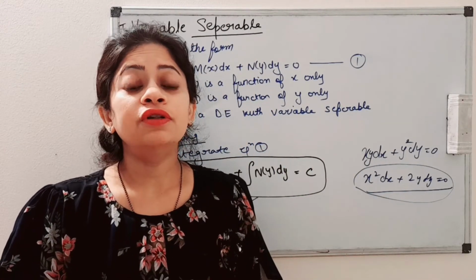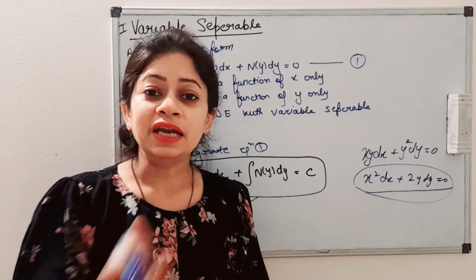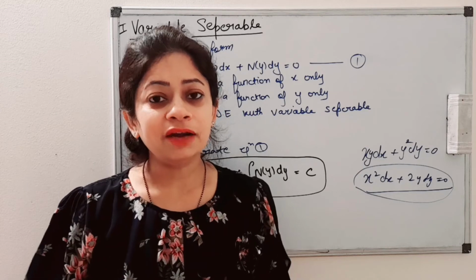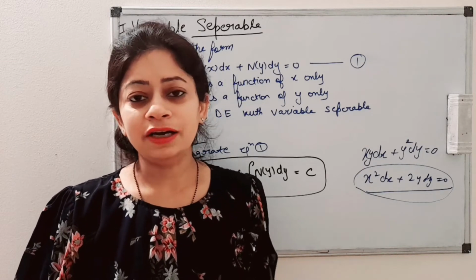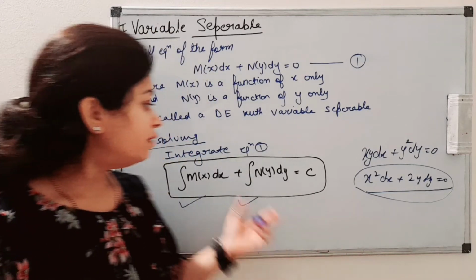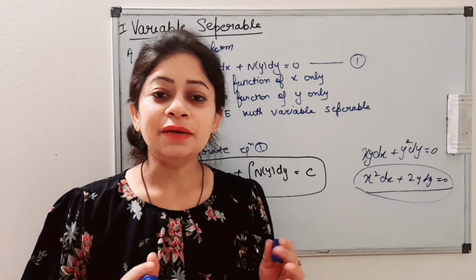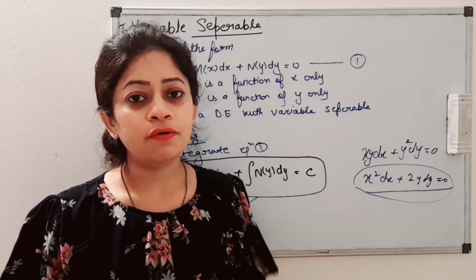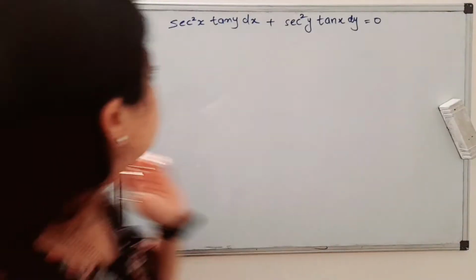Therefore for some questions you need to see whether by rearranging the equation we can convert it into variable separable form, and then we will just integrate and find the solution. Now we will discuss some examples of this type of variable separable form. So let's come to that now.